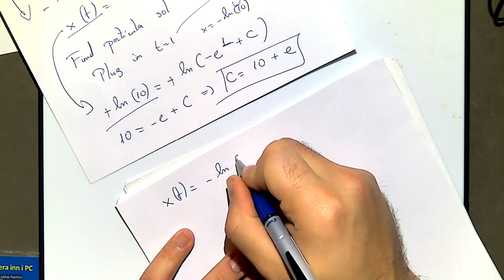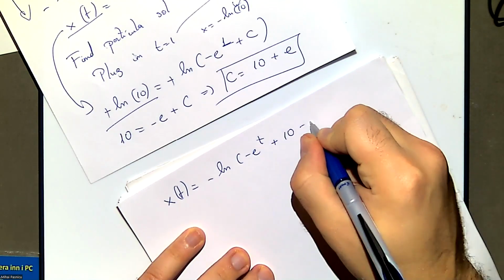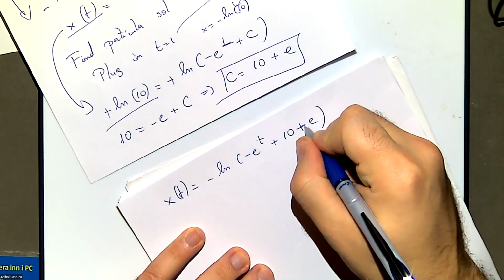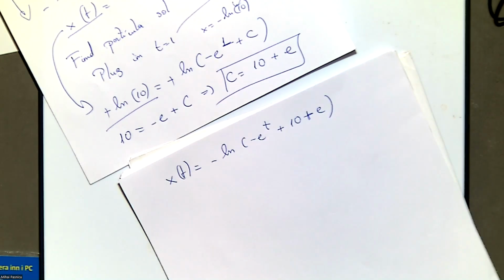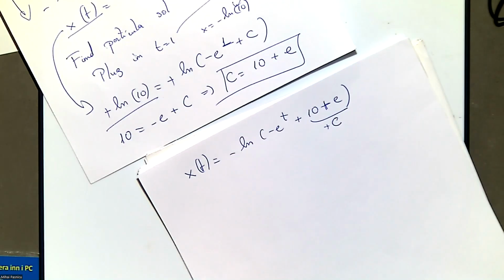So minus ln of minus e^t plus 10 plus e. So basically just replace the constant if you're comfortable that you did everything correct. Because if you do this, in most cases the grader is just going to look and be like, yeah, sure, that's the correct answer. Seems like you did the right thing along the way. Okay.